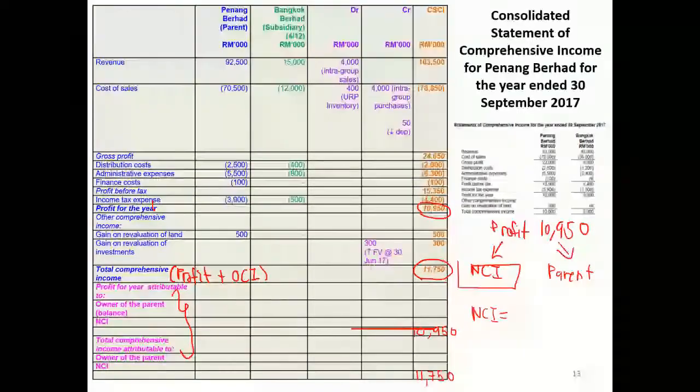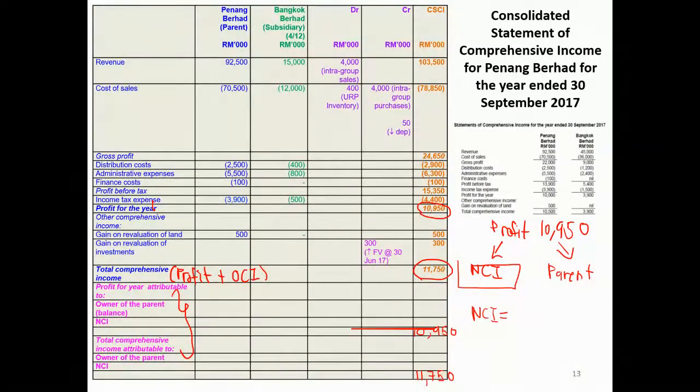Okay, Yiwen posted profit for the year in sub C times 4/12. Okay, Yiwen, your formula here is correct, but partially correct. We still have a few more adjustments that we need to do for NCI. Okay, which is good. You gave the partial answer here. Anyone who wants to try?